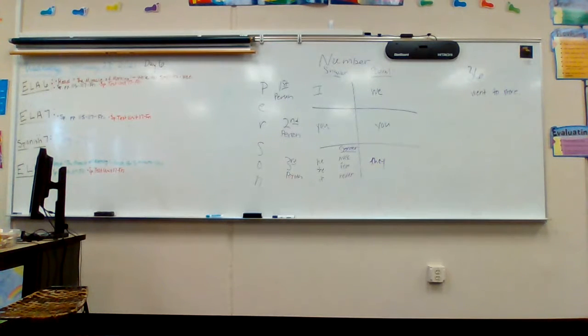So whenever we have the pronoun in the subject or the subject complement position of a sentence, we would use these pronouns. Today, we're going to talk about object pronouns.